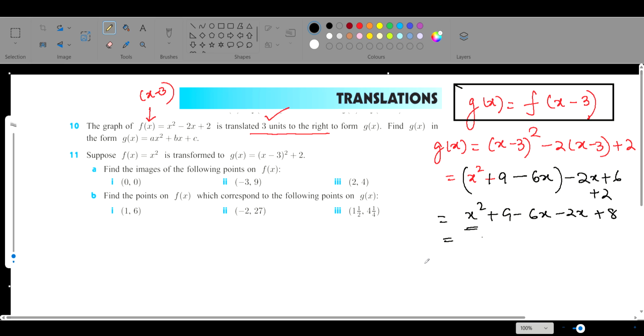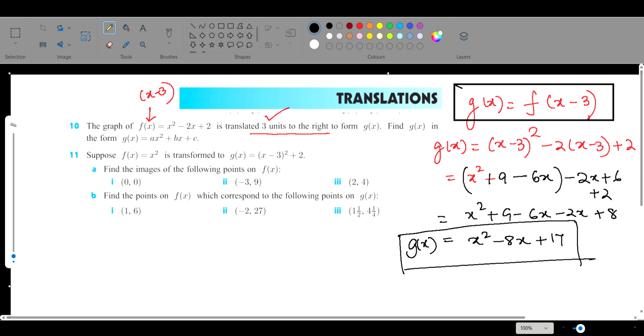So it is x square, and then we have minus 6x minus 2x, minus 8x, and 9 plus 8 is 17. So the g(x) structure is x square minus 8x plus 17.